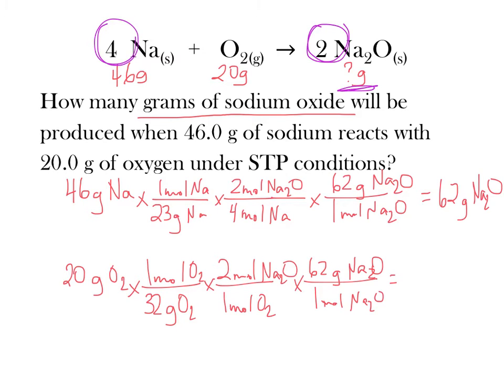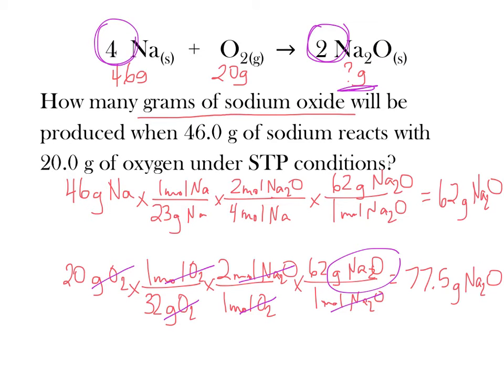So 20, let me see if I can cancel out units here, grams of oxygen, moles of Na2O, and I end up with 77.5 grams Na2O.